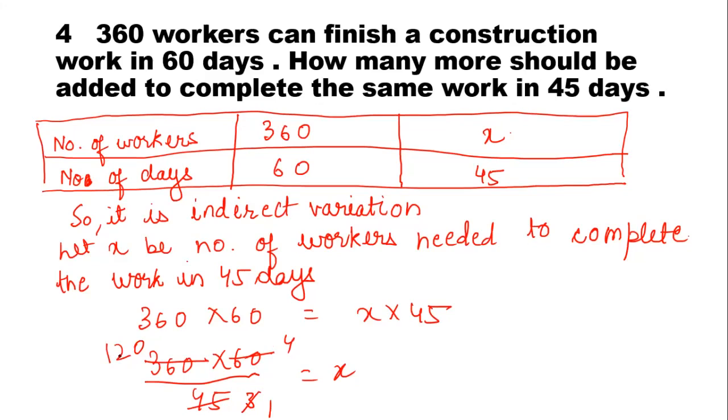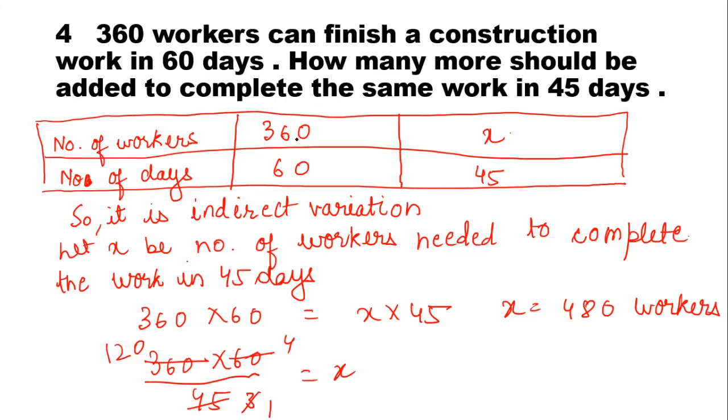So 4 into 120 is x is equal to 480 workers. Okay, but you have to find out how many more workers should be added.